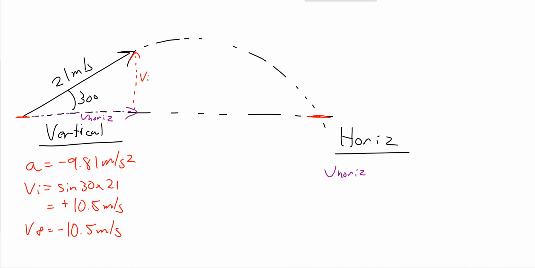It also means that horizontally, I want to use that formula because the speed is not changing. So V horizontal is the adjacent side, so that'll be the cos of 30 times 21.